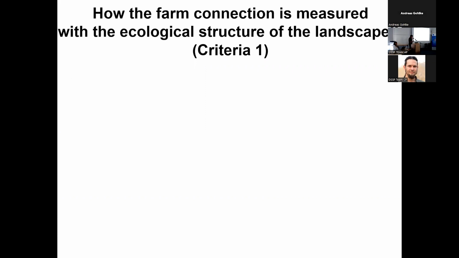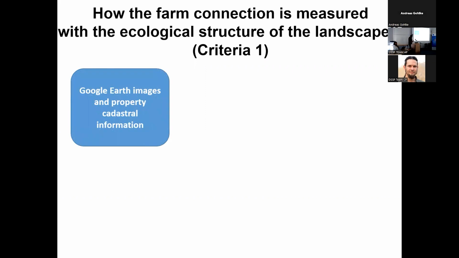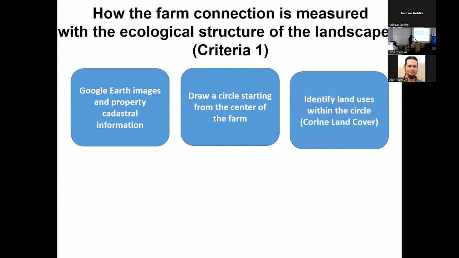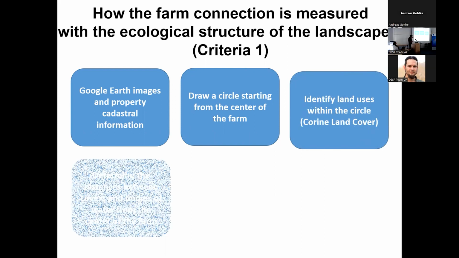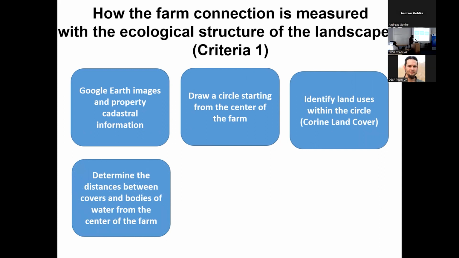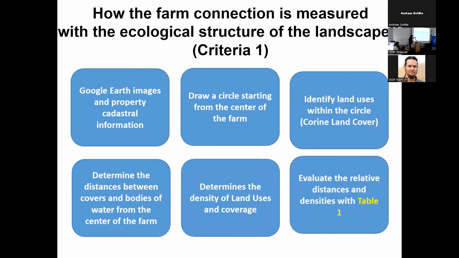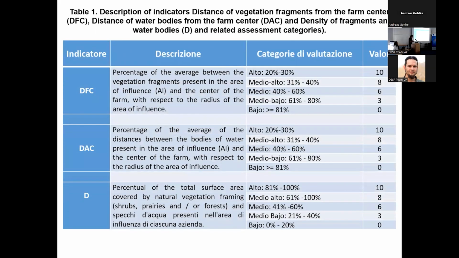For criterion number 1, we took a Google Earth image and property cadastral information, drew a circle starting from the center of the farm, identified the land use within the circle with the current land cover methodology, determined the distance between covers and bodies of water, determined the density of land use, and used a table to make an interpretation.